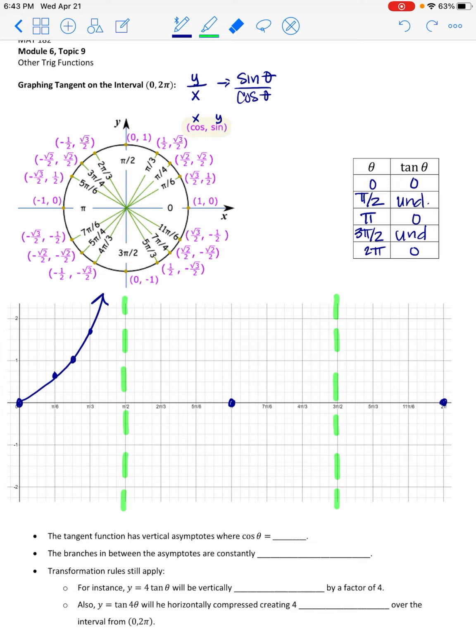So when I'm looking at 2 pi over 3, 2 pi over 3 is right here. That's radical 3 over 2 over negative 1/2 again. So that's going to end up being radical 3, which was 1.7, but this time it's negative. So at 2 pi over 3, I'm at negative 1.7. So that's like down here. And then at 3 pi over 4, I'm going to get negative 1.